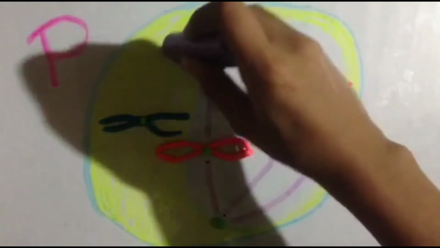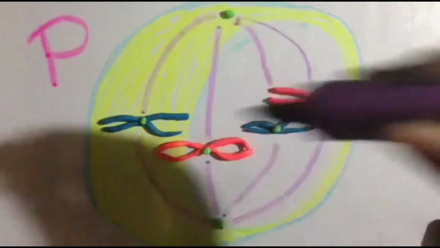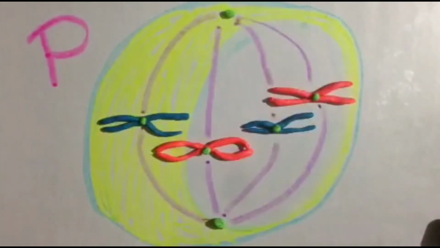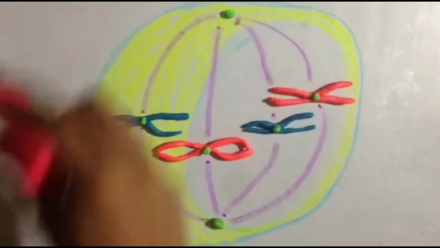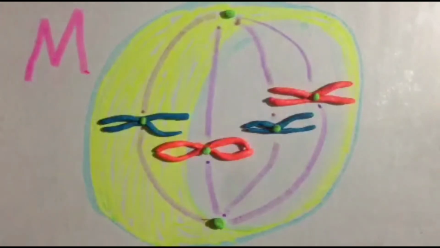Now the sister chromatids are ready to be separated, and the spindle fiber is still attached to the centromere. The spindle fibers will help separate the sister chromatids during the third phase.